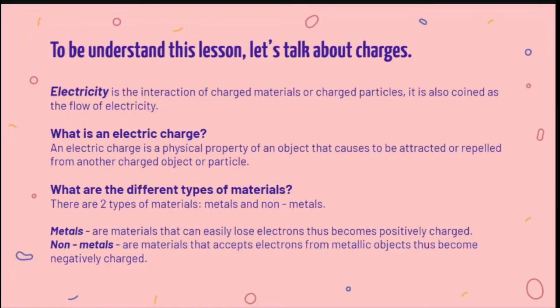Now, when a metal loses electrons, so if magnesium loses one electron, then from 12 electrons there are only 11 electrons left. So which among the two subatomic particles is greater?